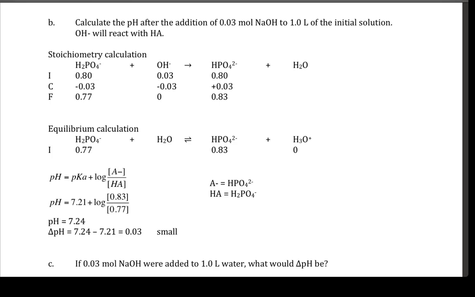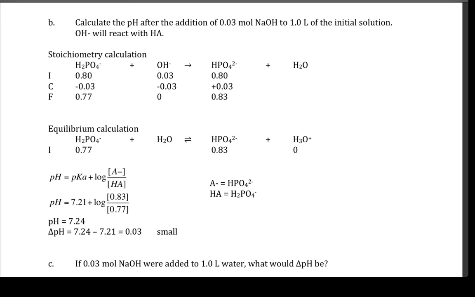It's a reaction that goes all the way, so we just look at the numbers. The smaller of the two is the change, so we have 0.03 as the change, negative, positive, and the final amounts for the H2PO4 minus are 0.77, and for the HPO4 2 minus 0.83.